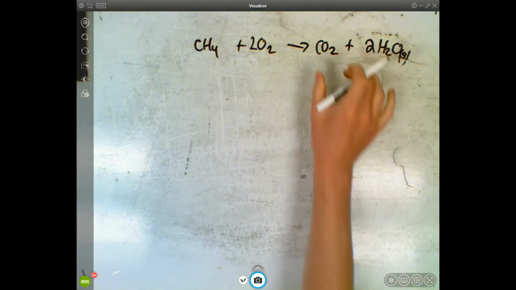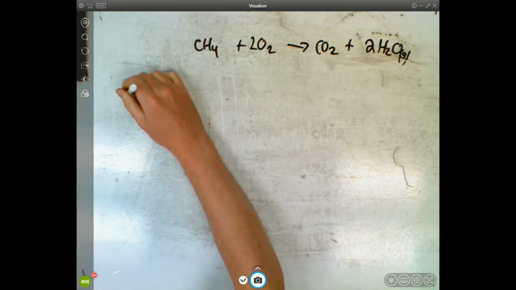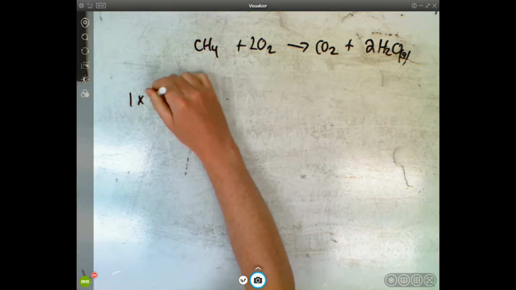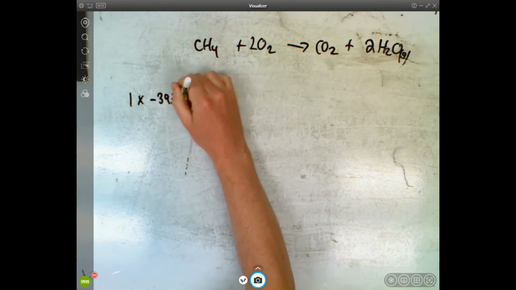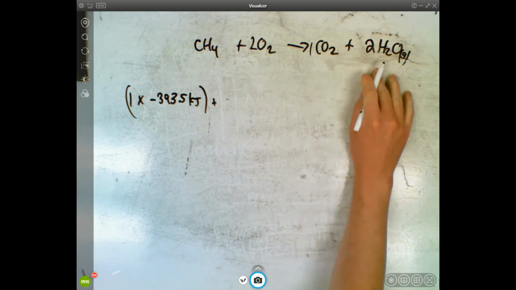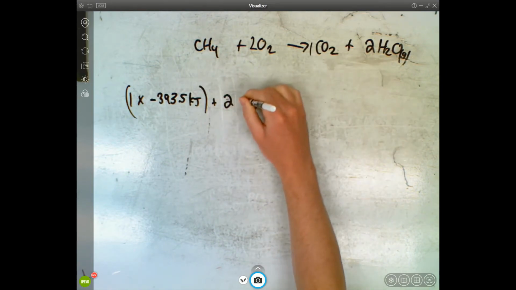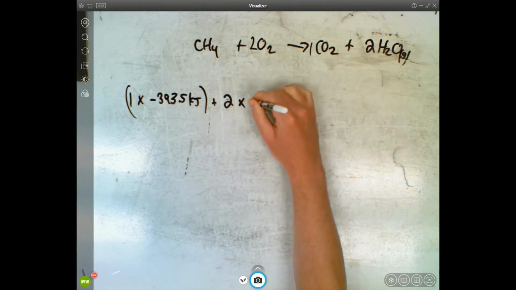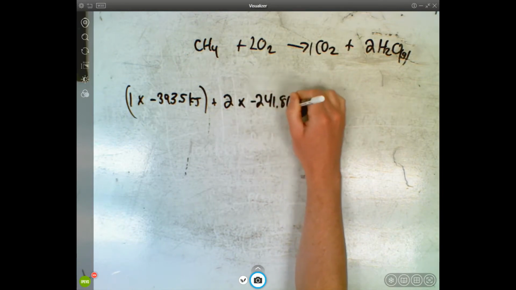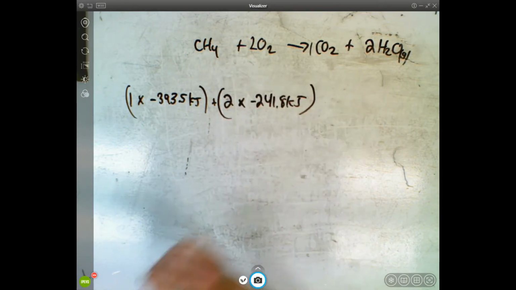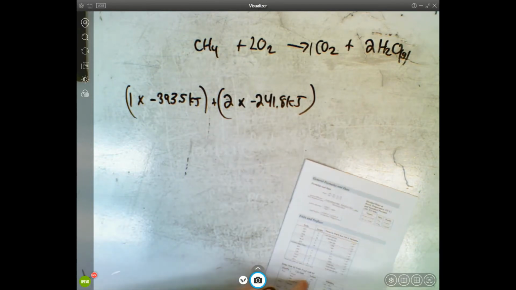So CO2, we'll go 1 times negative 393.5 kilojoules. Because there's a 2 in front of the water, 2 times negative 241.8 kilojoules. Let me just double check those because I'm going off of memory here.